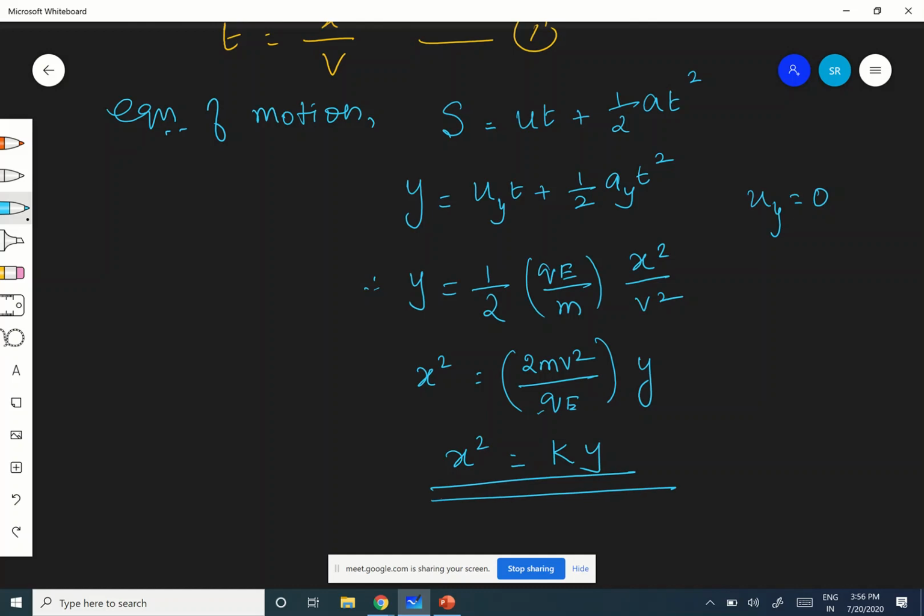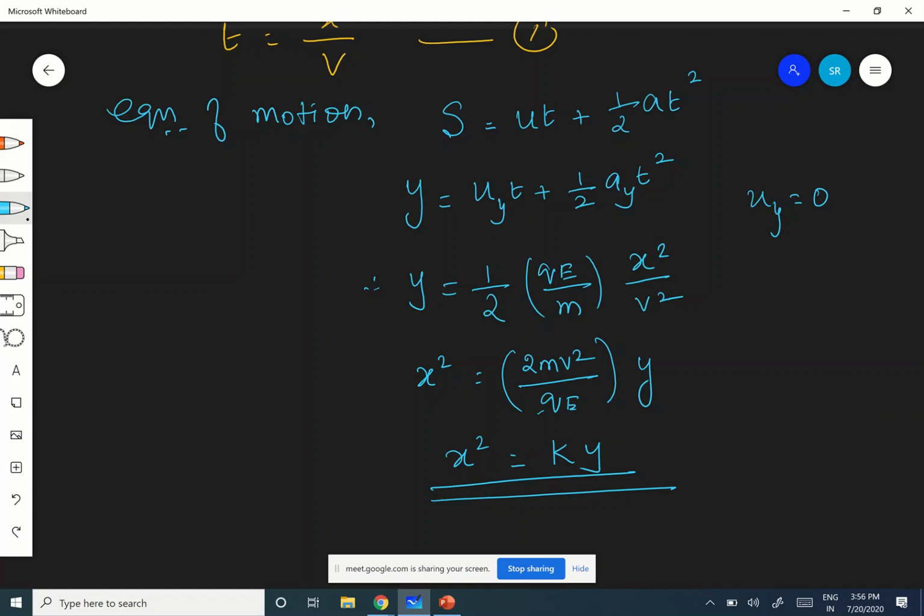Very important. What is this relation? What is this equation? Parabola. Yes, it is the equation of a parabola. Therefore, when the charged particle is moving perpendicular to the electric field, definitely it will trace a parabolic path, like OB.